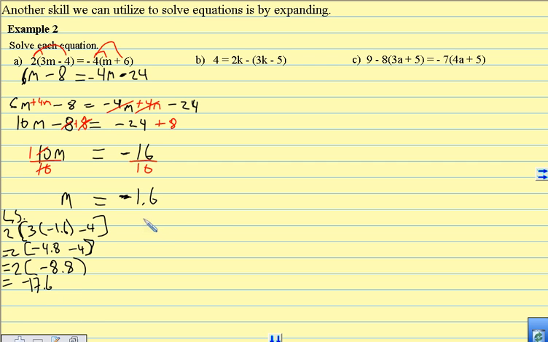So now checking the right side. Checking on the right side, I would put in negative 4 times negative 1.6 plus 6.